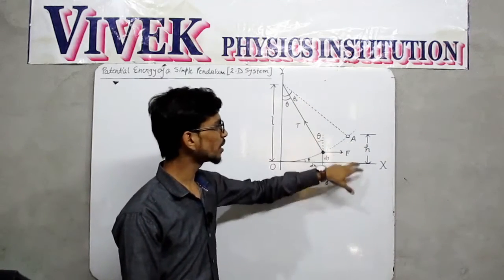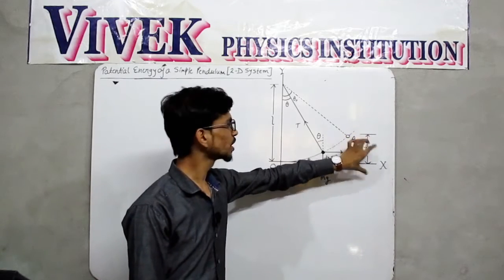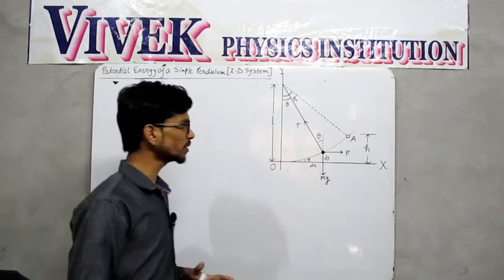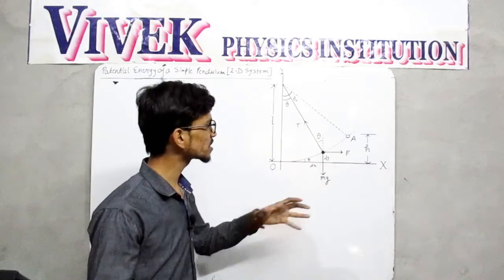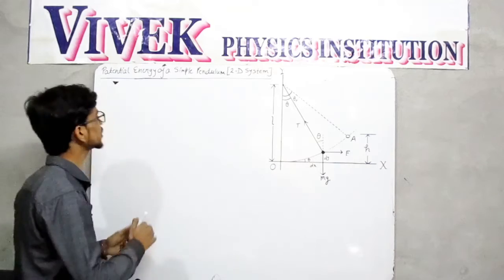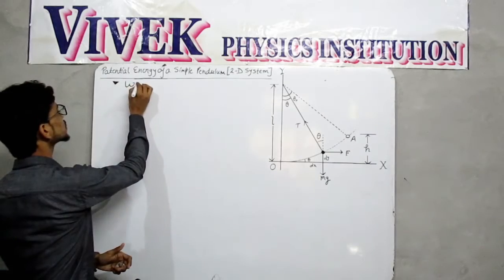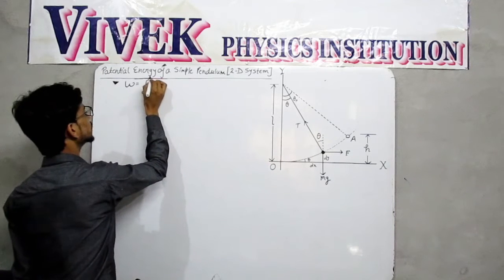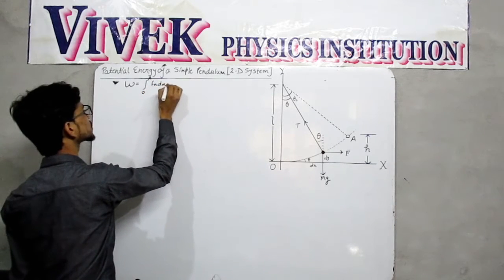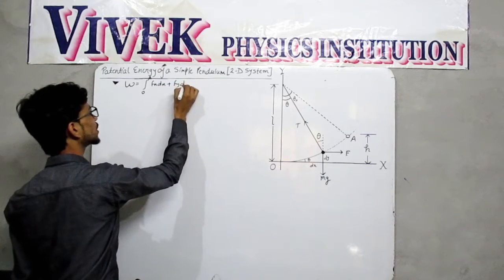In this position, the vertical displacement got by the particle is simply h. In that position, the work done by the force F, which is simply a horizontal force, can be written as W equals the integral from O to A of Fx dx plus Fy dy.